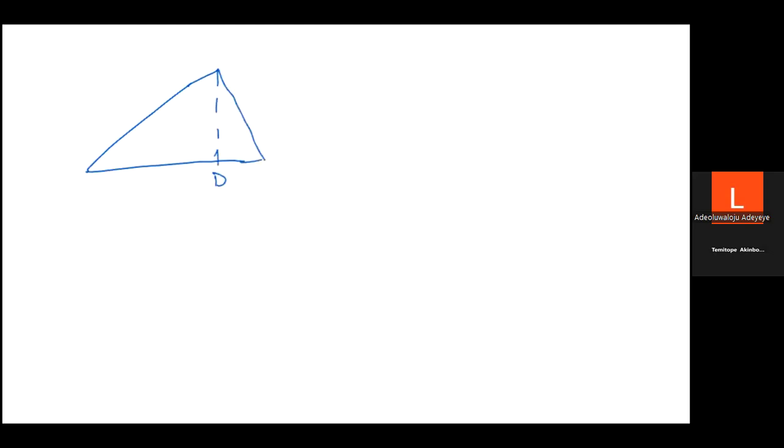This is D, A, B, C. So for ACD, the angle in consideration will be angle A. So sine A will equal opposite over hypotenuse.